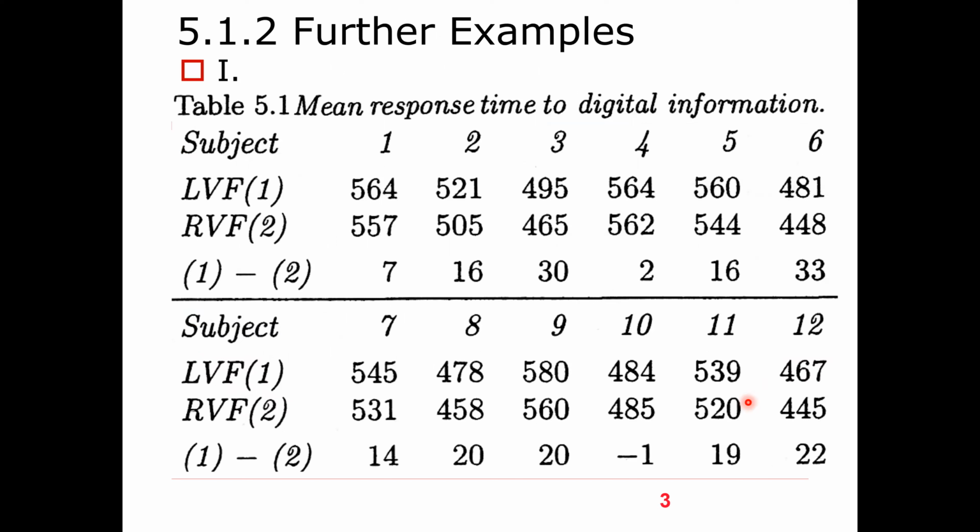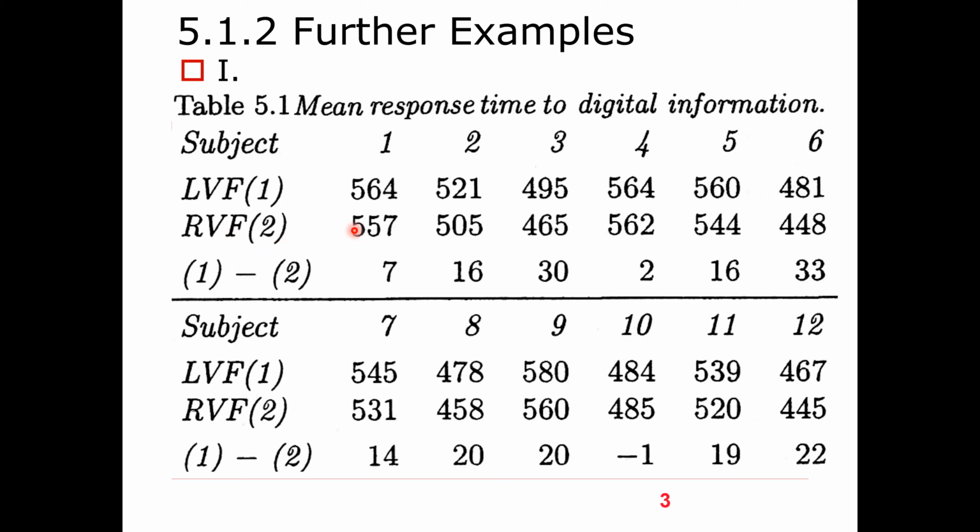Let's look at examples when we use these paired samples. Researchers wanted to know if people can perceive numbers with the same speed in the left vision field and right vision field. We got 12 volunteers. Here are 6, and here are another 6. And here are their response times in their left visual fields, LVF, and right visual field, RVF.